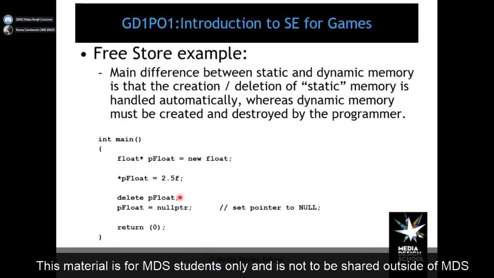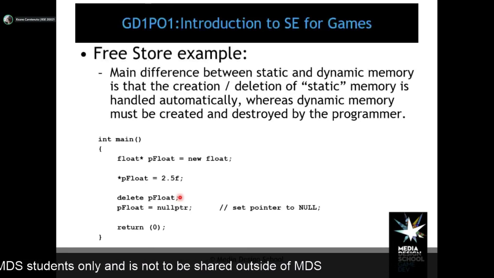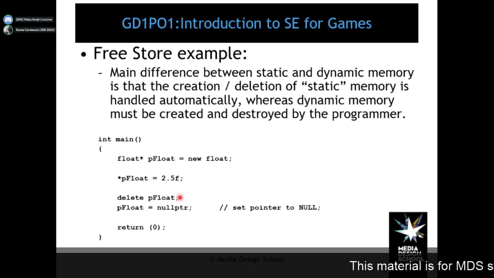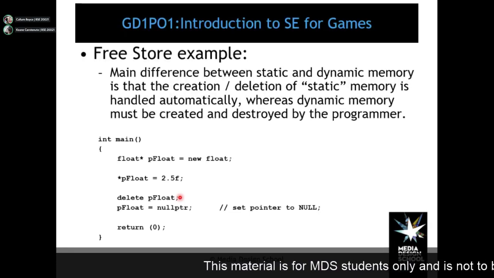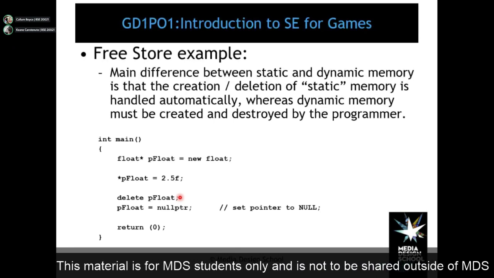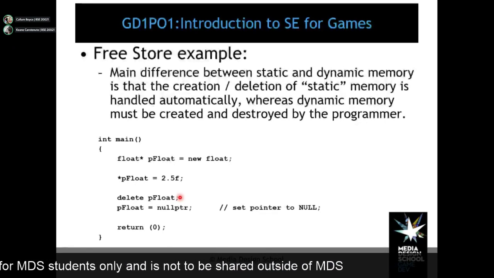It's like a reservation. You reserve some space in your flight, say. When you cancel the ticket, the reservation goes back and then somebody else can use it. So delete is basically just saying that I don't need this memory anymore and just take it back. But the pointer will still point to that memory even after you've deallocated it, which is why you need to set the pointer to the null pointer.